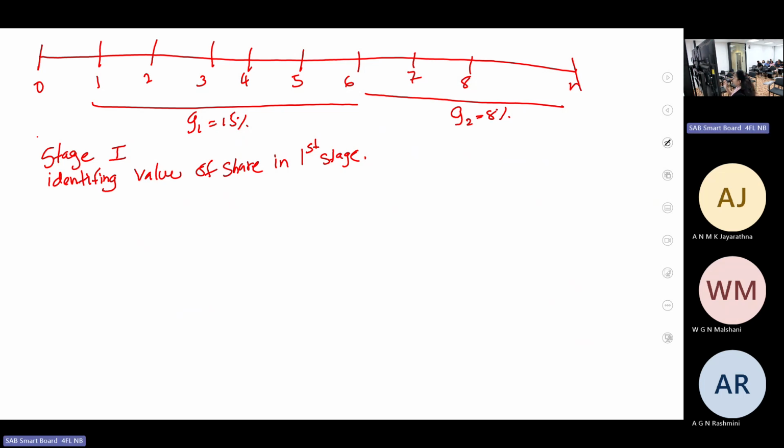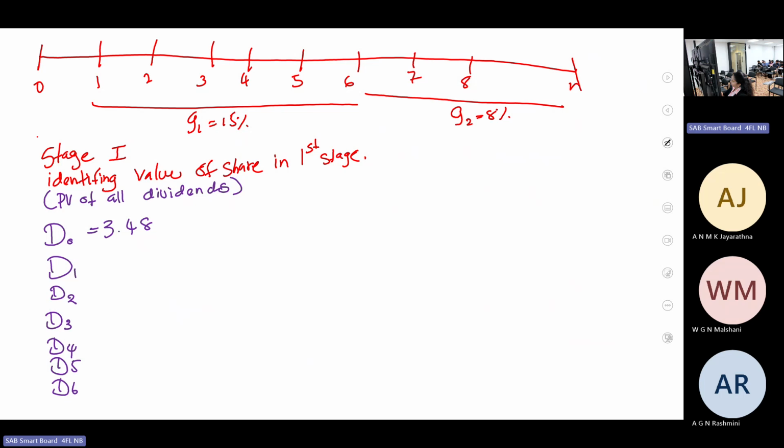First, we have to calculate the PV of dividends, or else the PV of all dividends. We have D1, starting from D0, D1, D2, D3, D4, D5, D6.